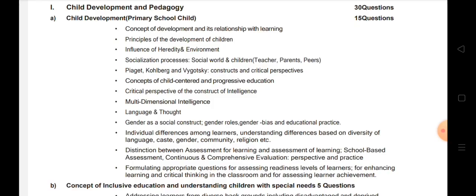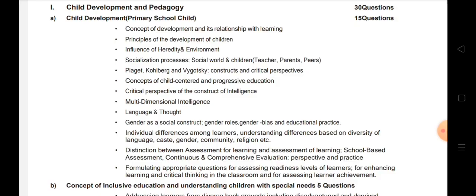Then we also have to study the principles of development of children, what principles are followed in the process of development and learning, and the interrelationship between the two. Then we also learn about the influence of heredity and environment. We know that the development of the individual is affected by both hereditary and environmental factors. Then we need to study socialization processes, the social world and children, that is teachers, parents, peers.